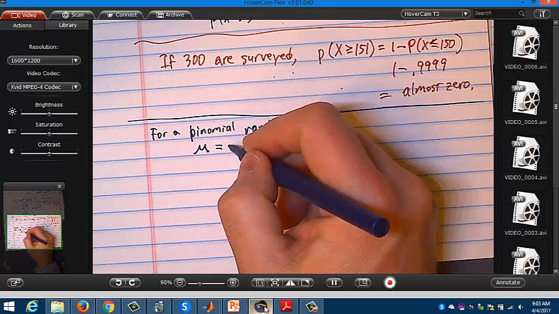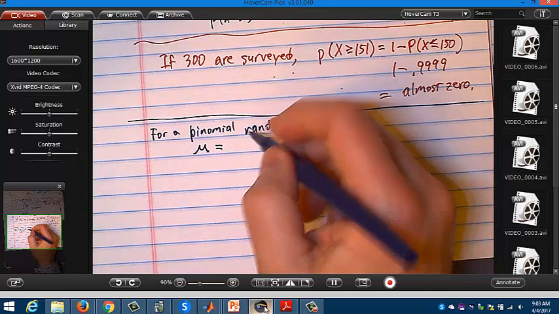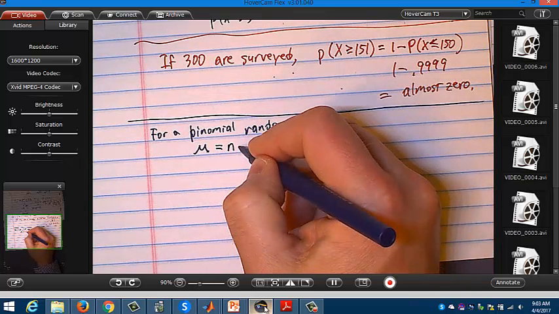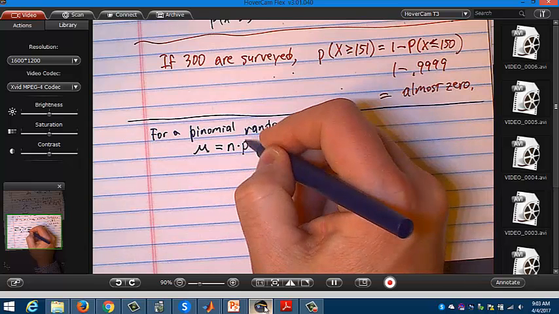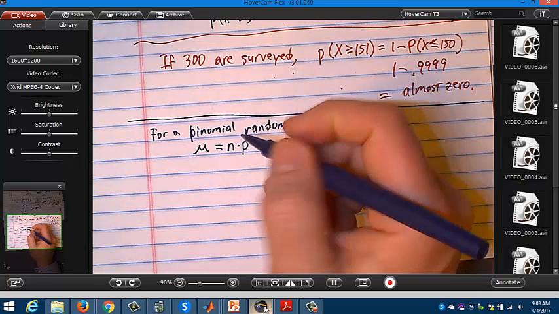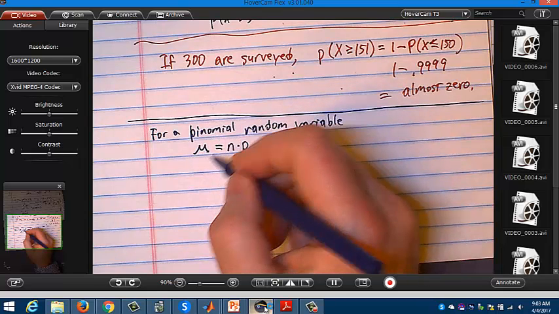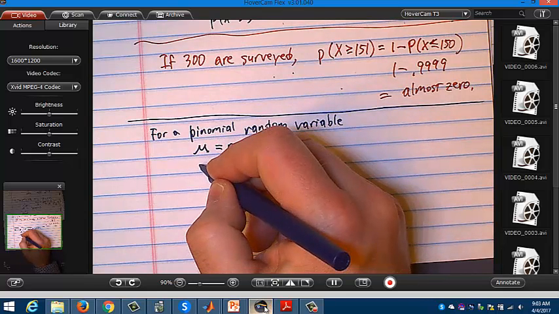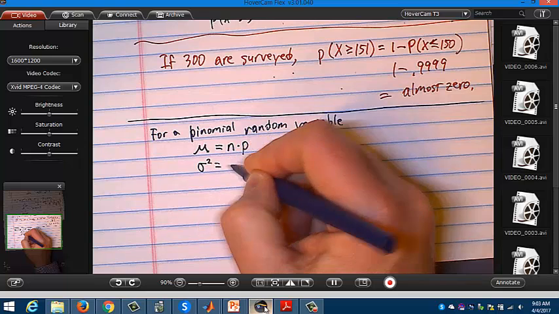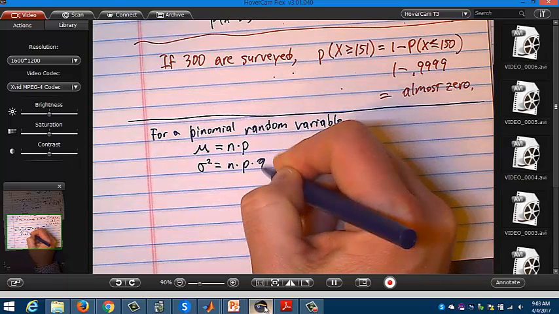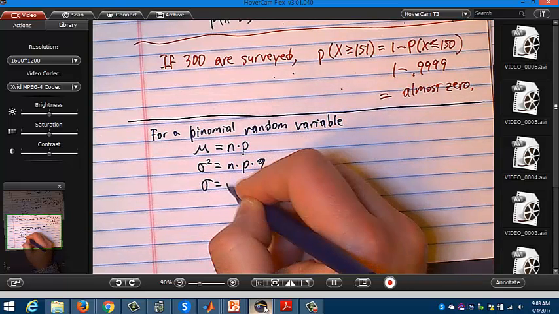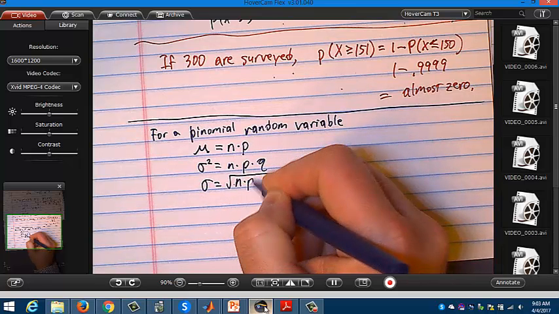Do you remember the formula? That's a lot easier than having to add them all up like we did for homework. And then the variance is just n times p times q, and the standard deviation is the square root of that. These are just nice formulas.